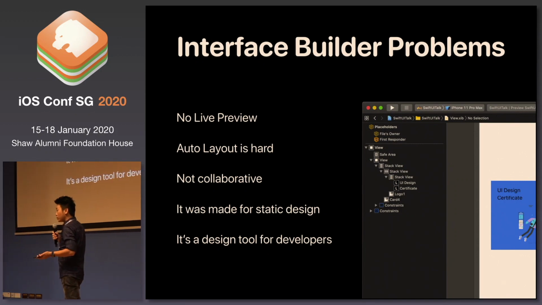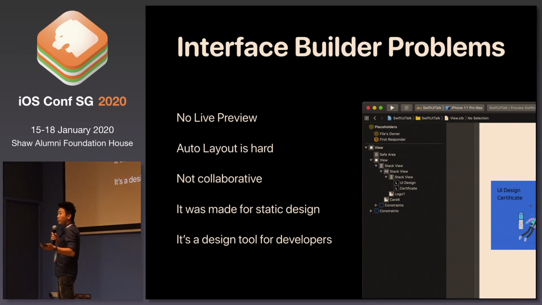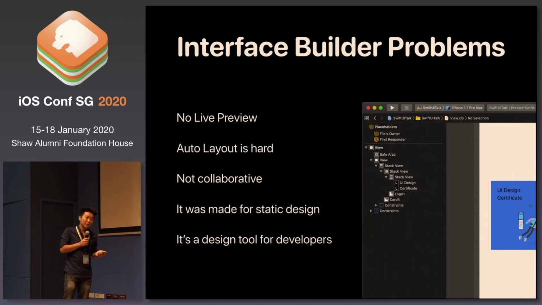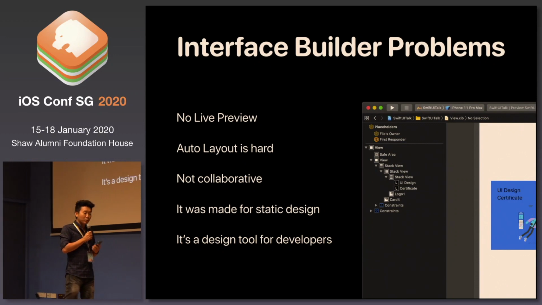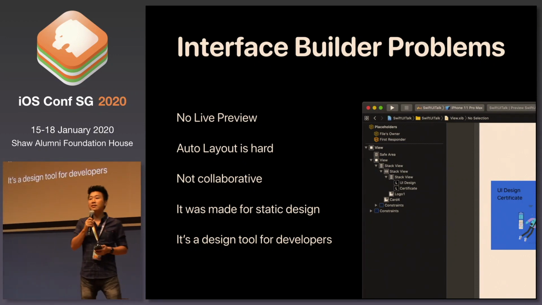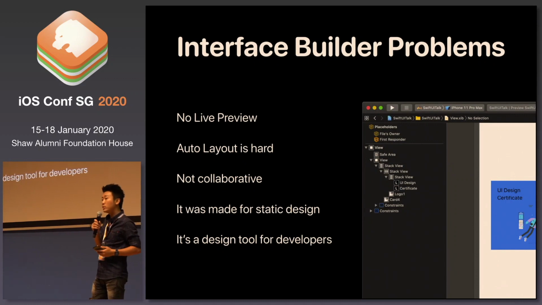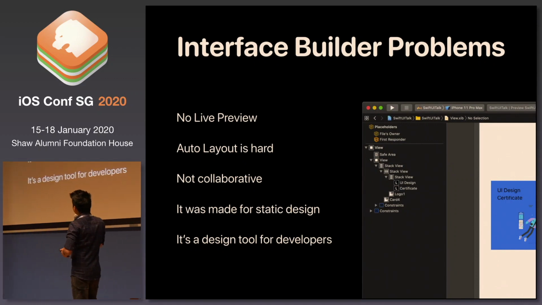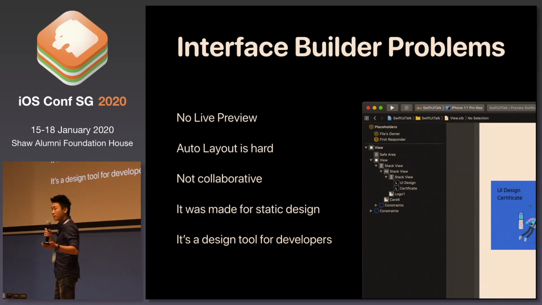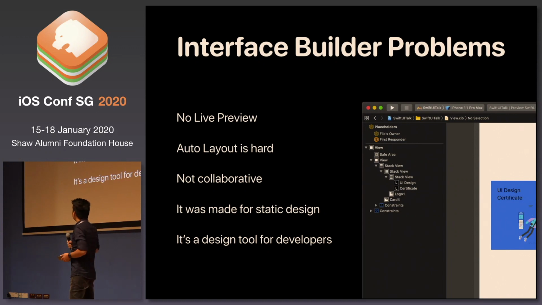Sketch is getting cloud. And Framer is also getting cloud. So we have pretty much the main design tools really tackling collaboration, live collaboration between designers, between developers. And it's really making easy this whole collaboration between designers and developers. Yet, storyboard and Interface Builder and Xcode have none of that. And we need to do better.